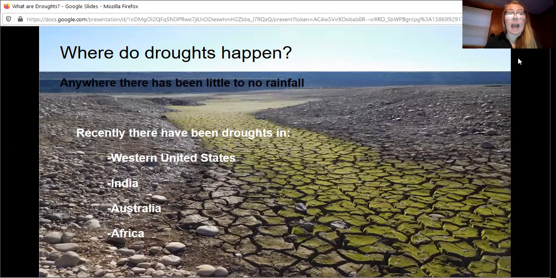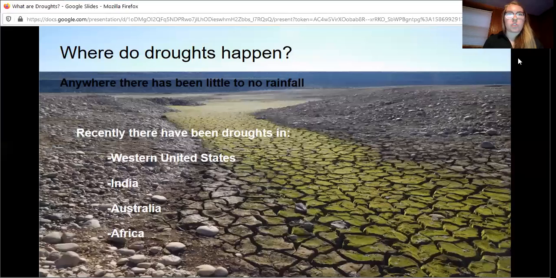So where do droughts happen? They can happen anywhere there has been little to no rainfall. So if we are in New York, we know that our climate is generally very wet. So we have a moist climate. So we get a lot of rain, we get a lot of snow, we get a lot of precipitation in general. We also have a lot of water supplies. We have a lot of lakes, we have a lot of rivers.